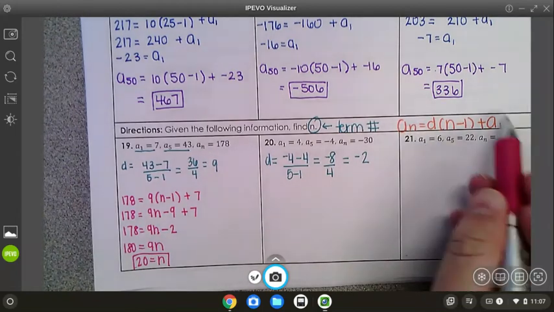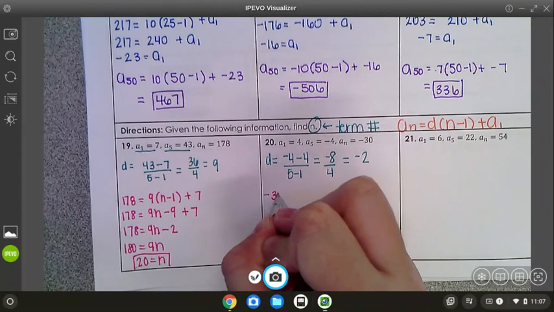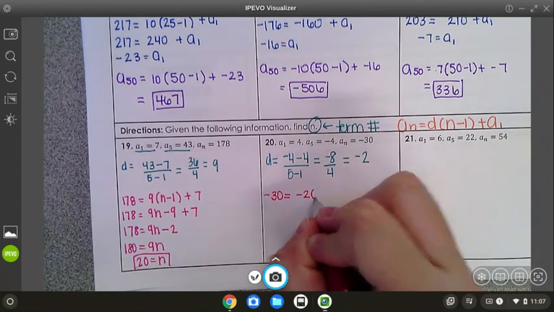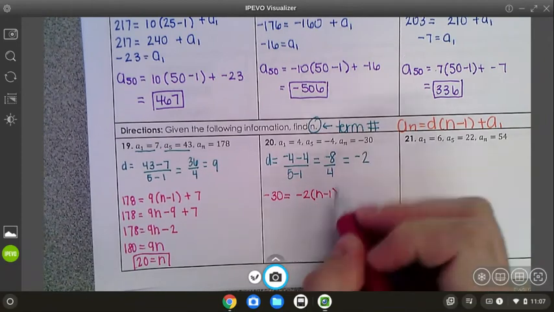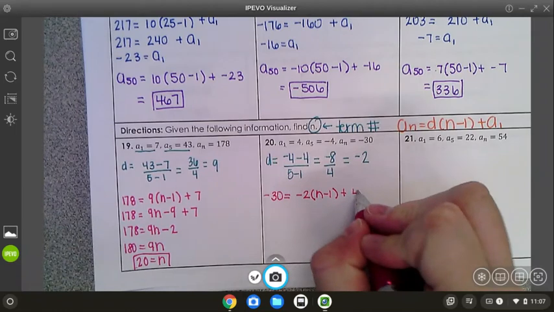Then let's go to our formula. AN is -30. My common difference is -2. We have n minus 1 plus my A1, which is 4.